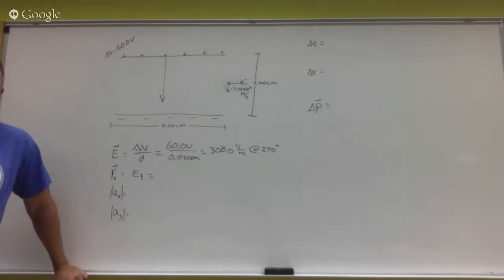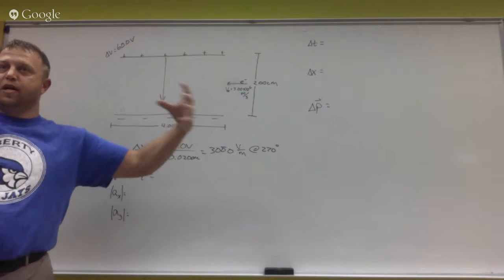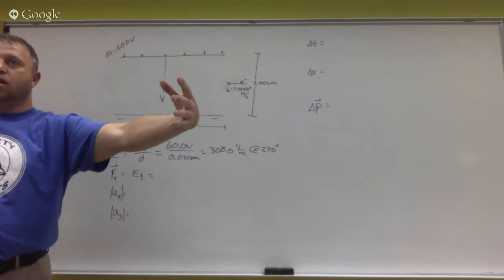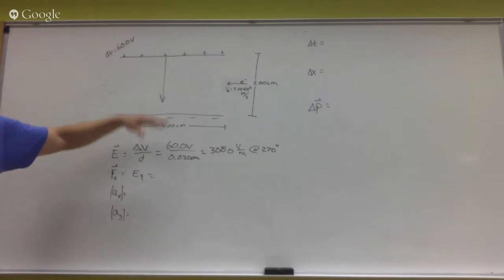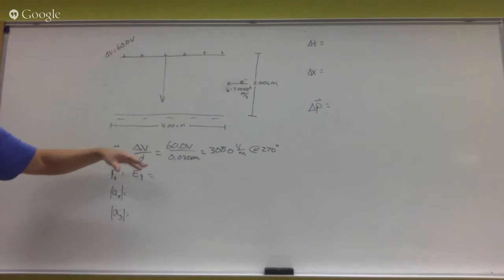No. Never use any of those kQ over r equations when we're dealing with parallel plates. Why not? What's the big difference between parallel plates and point charges? Point charges radiate in 3 dimensions, right? So the field is the same no matter where I measure it in between a parallel plate.